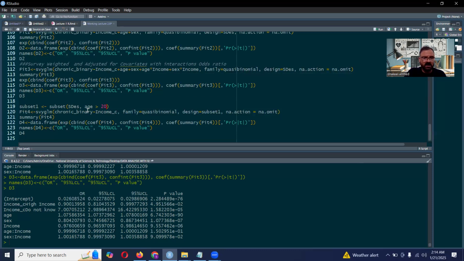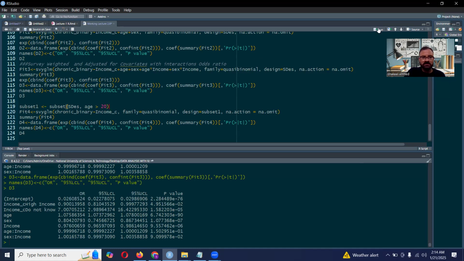Basically, you can write 18 to select the adult population, as there is no role of income in younger ones. So we just see the relationship between income and chronic condition in the elder population. I'm putting the condition age greater than 20, and we get the design object now as subset 1 instead of survey design.